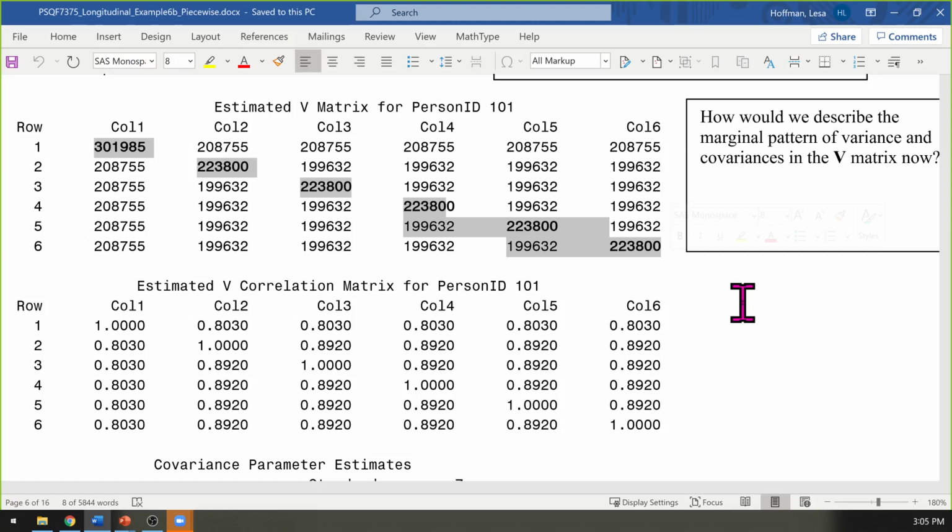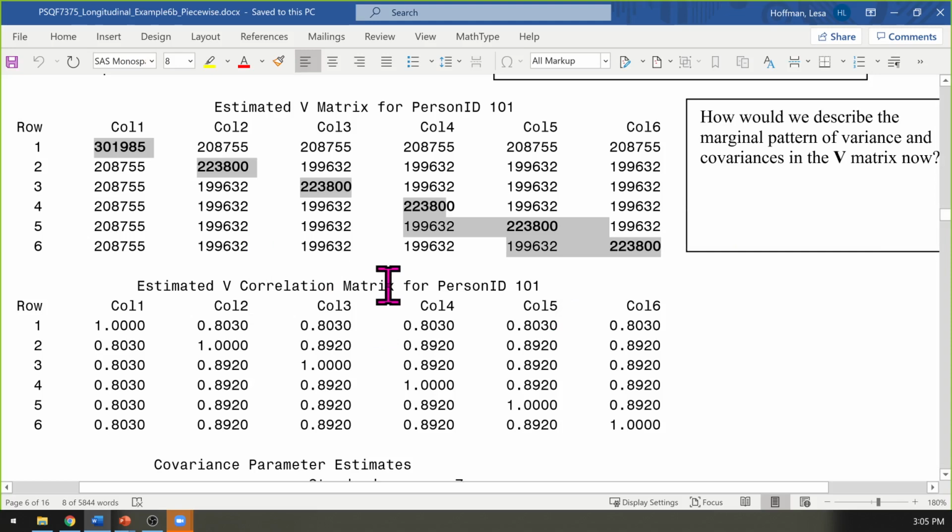Are the variances over time the same or different? Yeah, 2 to 6 are all the same. Yeah, compound symmetry split. That's exactly what I would call this. From session 2 to 6, it's compound symmetry.